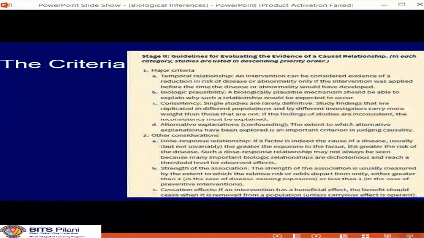The second is, once you set the quality criteria, then you say what are the causal criteria you're going to use. And the US guidelines has divided them into major and other. If you look at these criteria: temporal relationship, biological plausibility, consistency, alternate explanations or confounding, then dose response, strength of the association, cessation of effects.